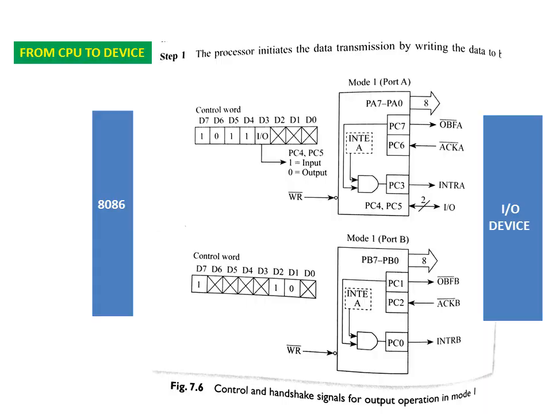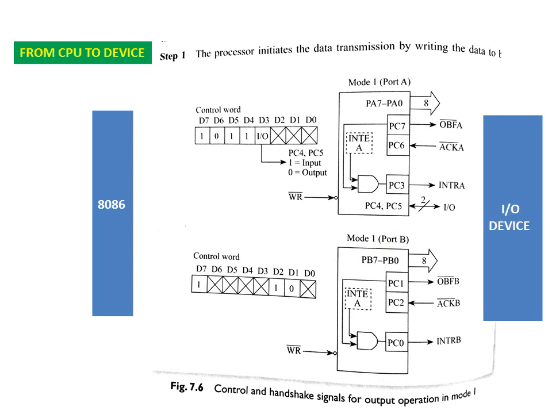Now see, in the next case, port A or port B is used for output operation. Output means the data is sent from the 8086 processor to the IO device.